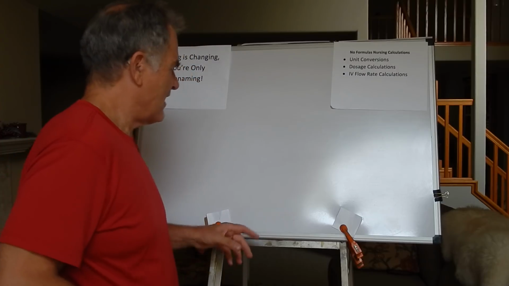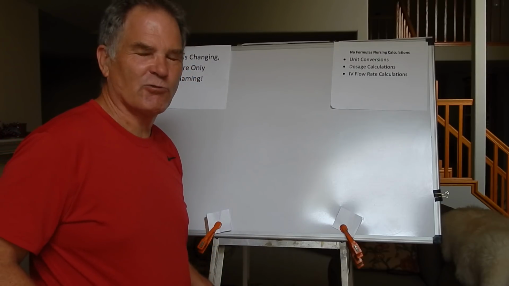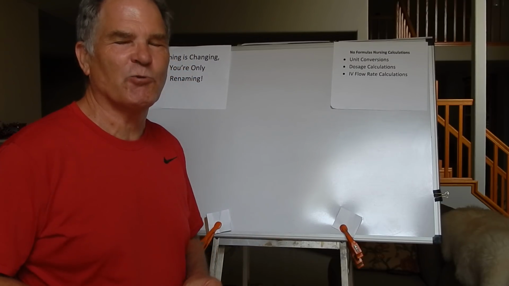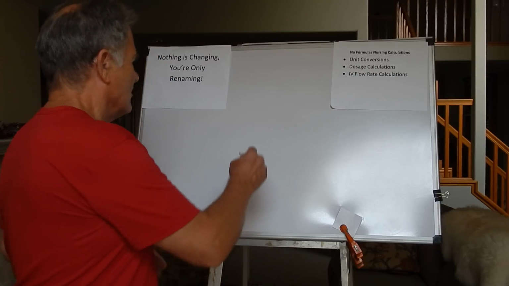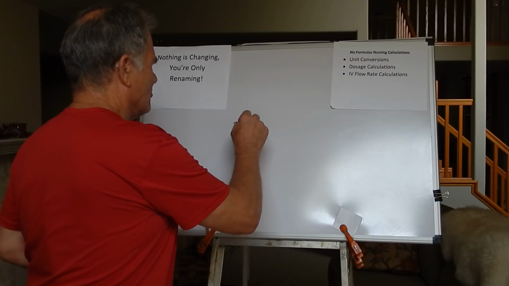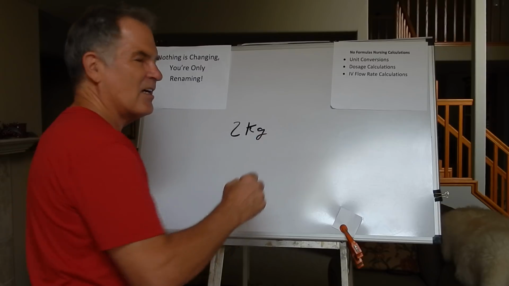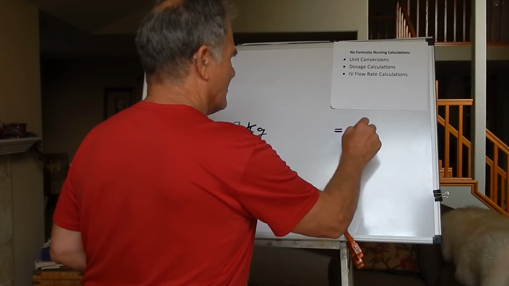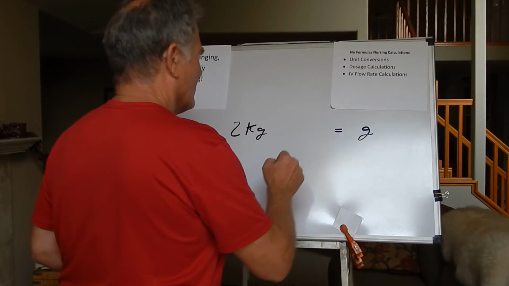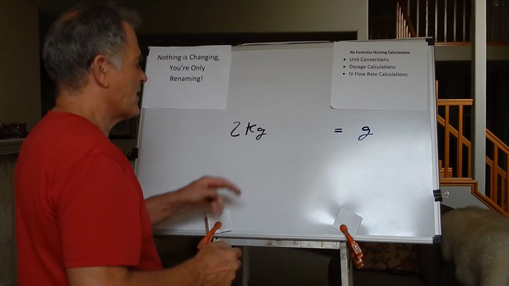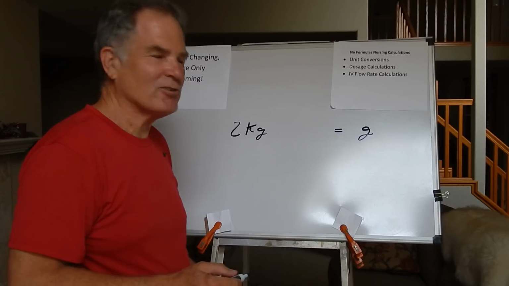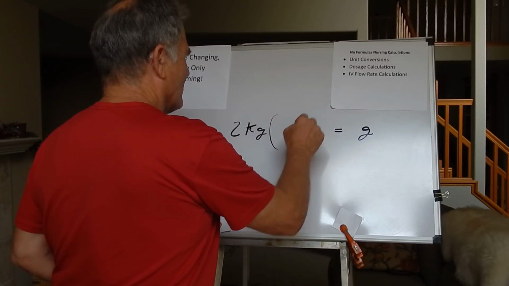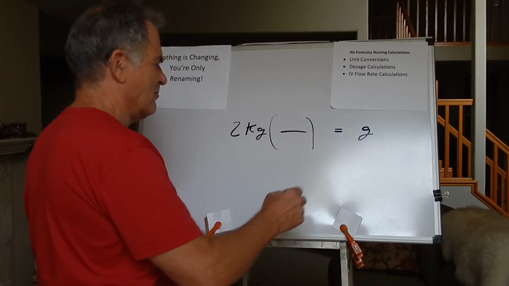So let's take a look at this rock and see how we actually rename the units. It was 2 kilograms, and let's say we want to rename it into grams. We're going to have to multiply it by something. So let's talk about this ratio.